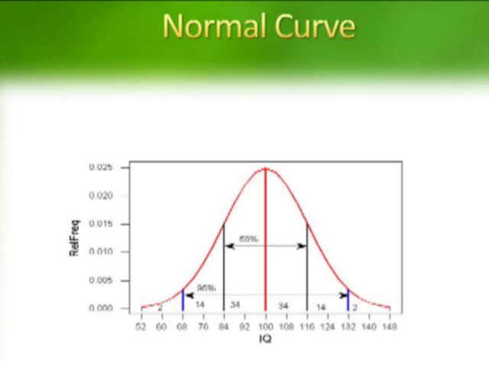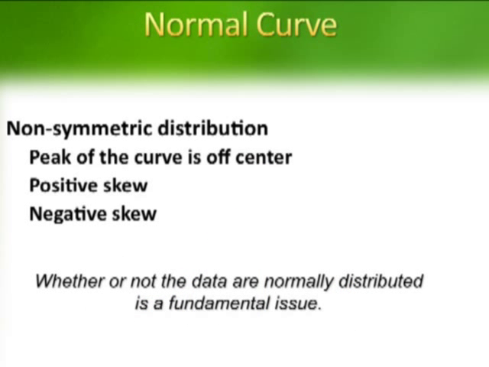This is the most important thing about this whole normal curve thing. If your data follow the bell shape, then you may use statistical formulas that are involved in inferential statistics. Well, another thing to know about the normal curve is that there are non-symmetric distributions, where the peak of the curve is off-center.